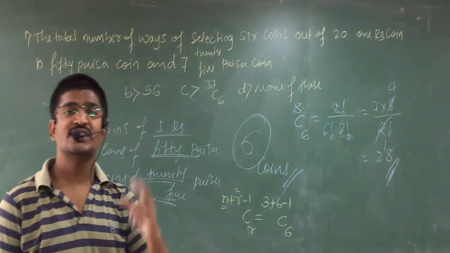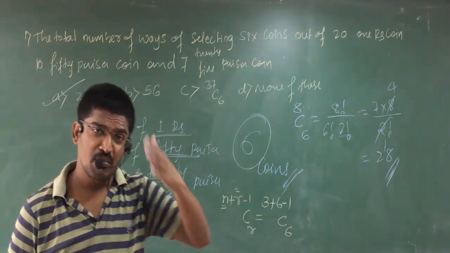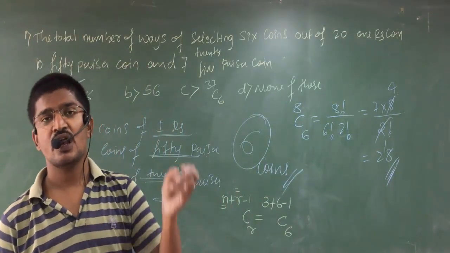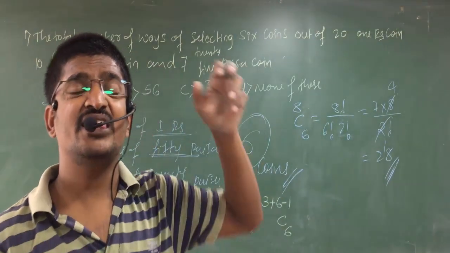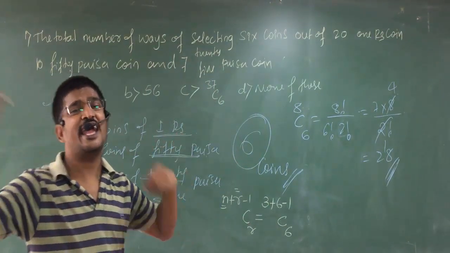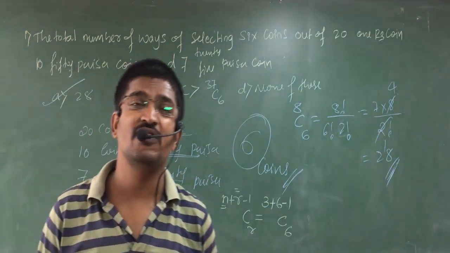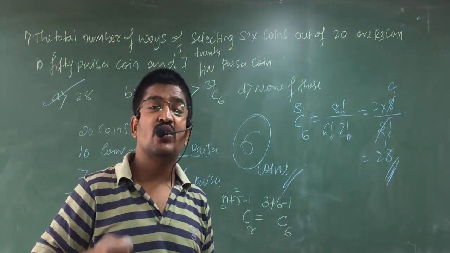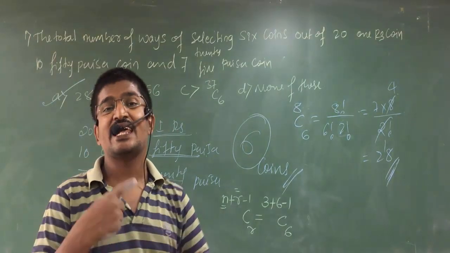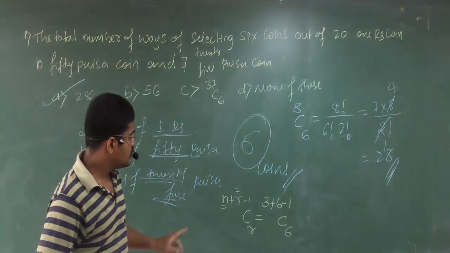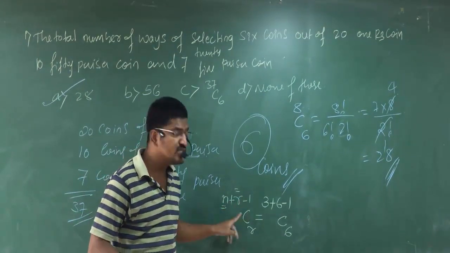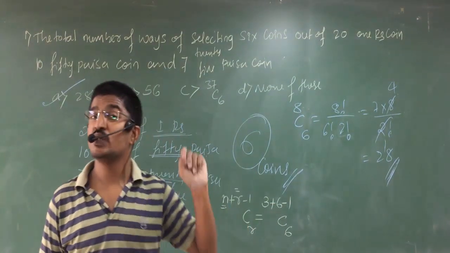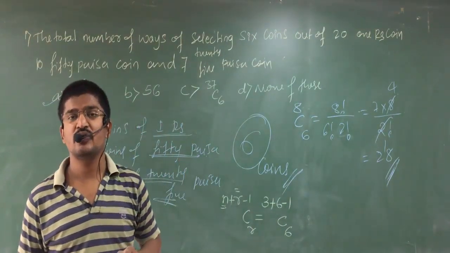Clear? So please remember, whenever there are n number of distinct objects, from which r objects are taken, and those r objects can be repeated any number of times, the number of ways can be calculated as n plus r minus 1 C r, which is the coefficient of x to the power of r in the expansion of the polynomial.